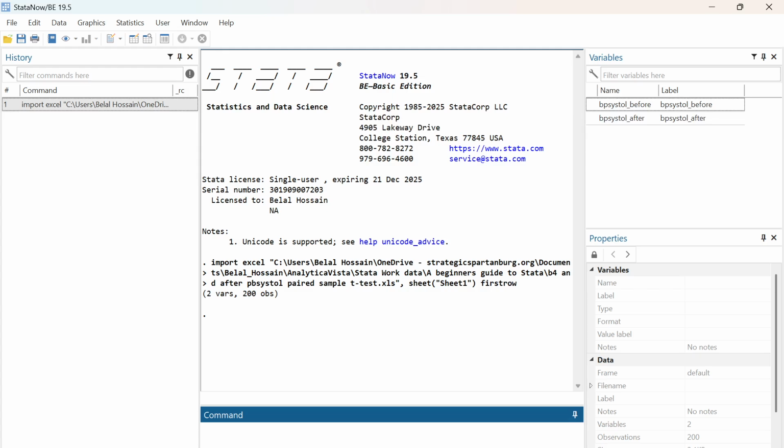So then we collect the data of their average blood pressure, the blood pressure of the individuals participating in the intervention program, at the start of the program, and a second time at the end of the program, so that we can compare their scores, whether it is reducing or not, right? So that's exactly the purpose of the paired sample t-test, because those people remain the same over time.